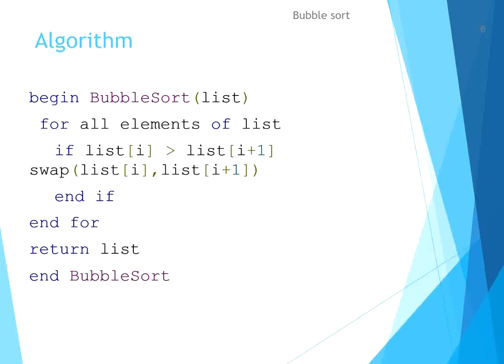Then we swap, because we are sorting our array in ascending order. Then we end when the list is sorted. So this is how the algorithm is working.